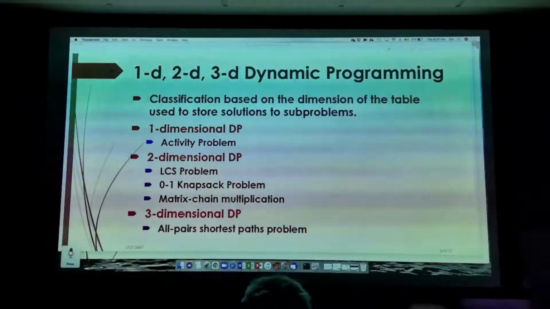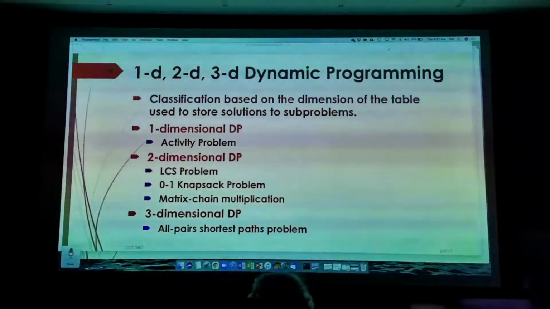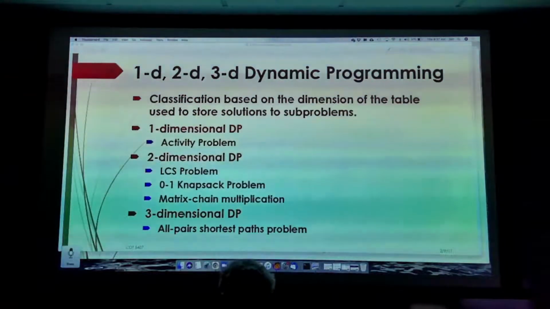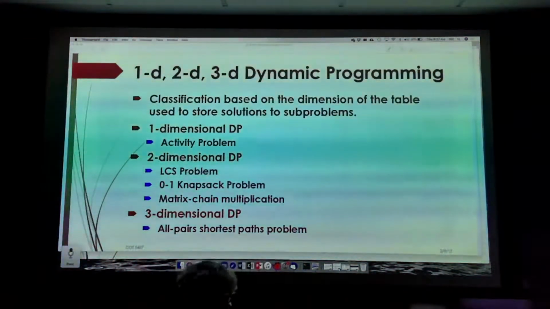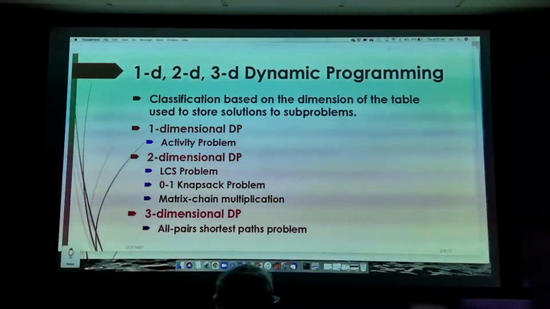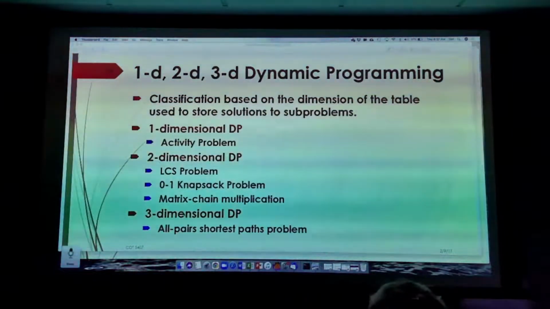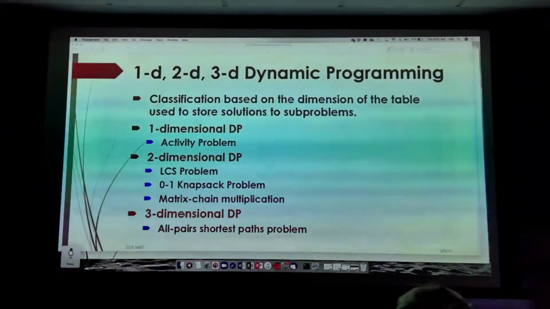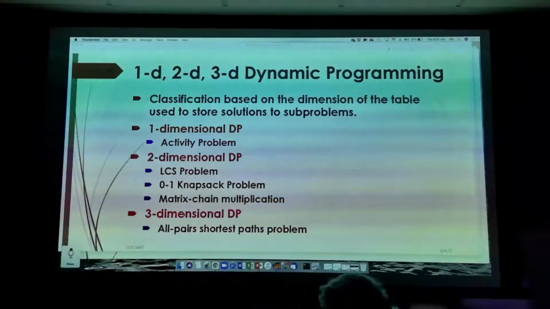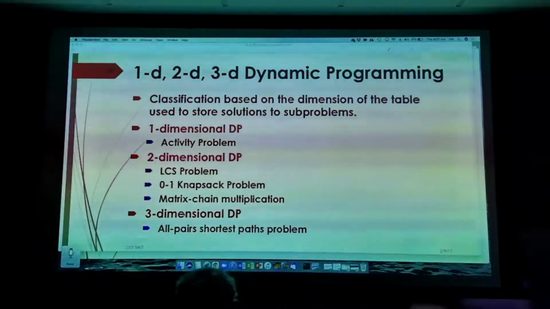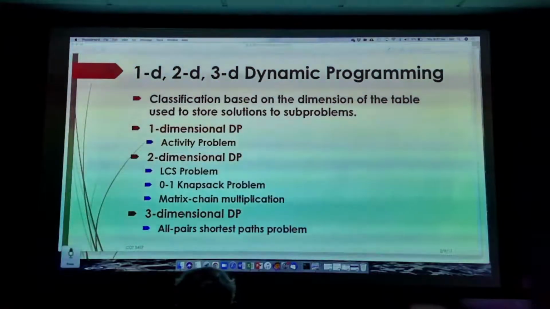Dynamic programming is appropriate firstly for optimization problems, where you want to either maximize or minimize some variable, some objective function, and there are some constraints that are given to you.